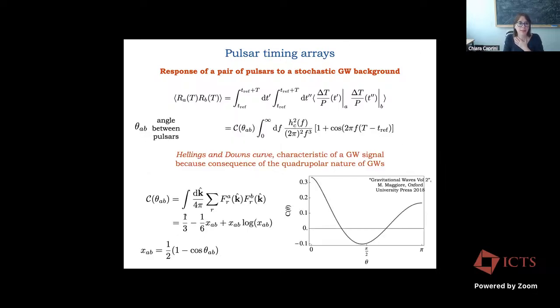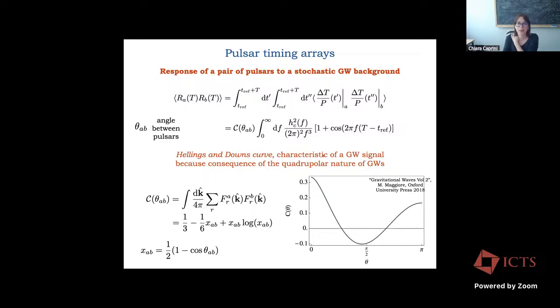And this term can be written simply as a term that depends only on the angle between the two pulsars. And you can demonstrate that it is equal to this quantity. It is not a very easy calculation, okay, but it is possible to do it. And this is the famous Hellings and Downs curve.